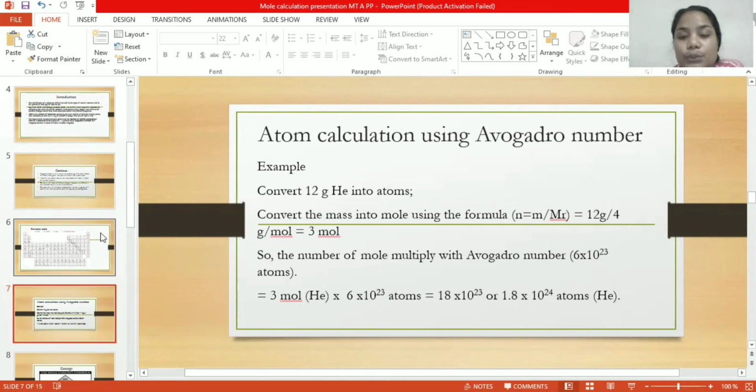So you move the decimal point 1 place to the left, and the power of 10, which is 23, increases by 1, so it becomes 24. That's why we got the final answer, which is 1.8 times 10 to the power of 24 atoms present in helium.